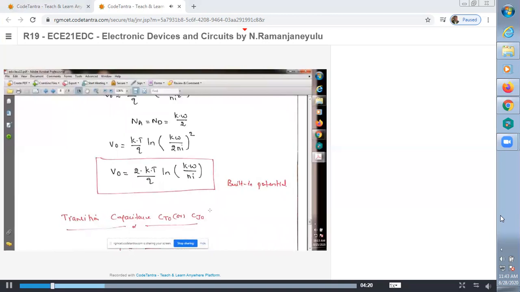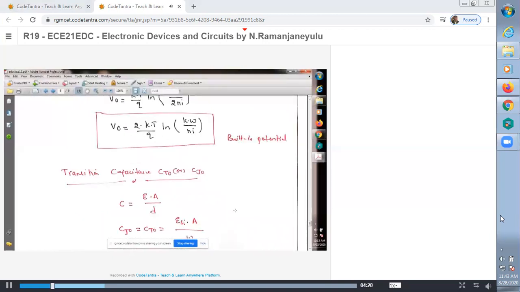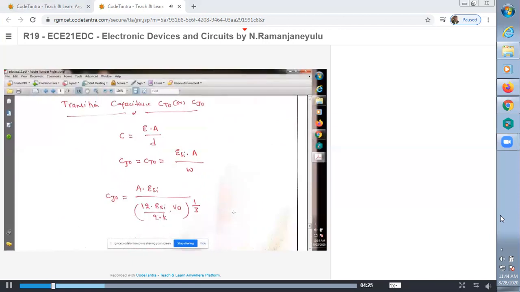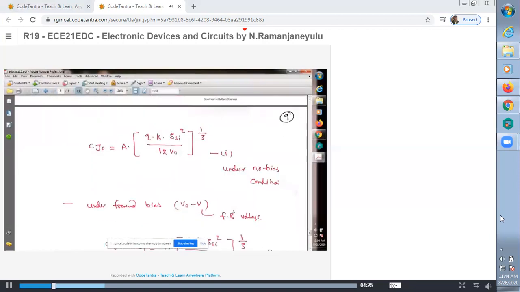And the transition capacitance Cj naught or Ct naught, under no bias condition, is equal to A into under cube root of Q into K into epsilon Si whole square by 12 V naught.